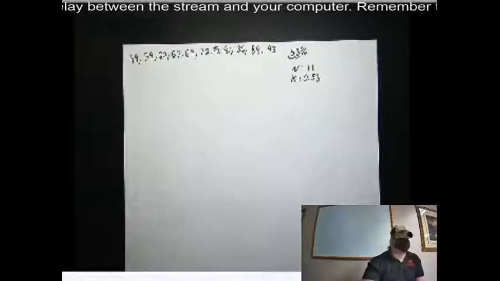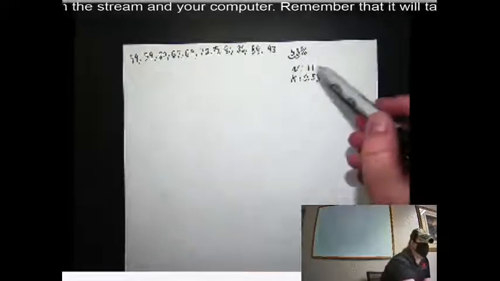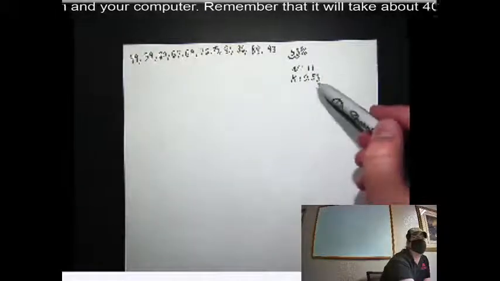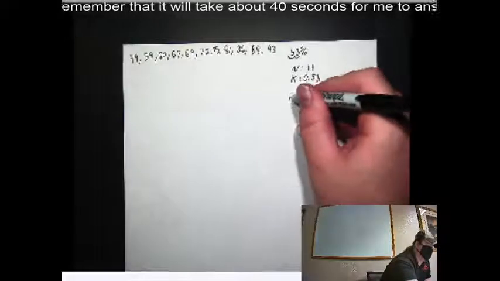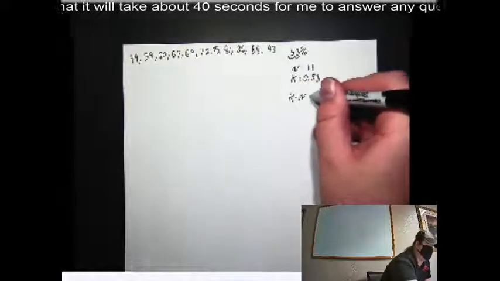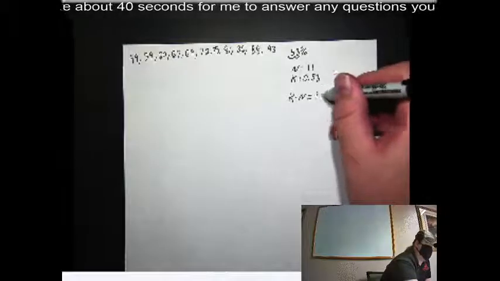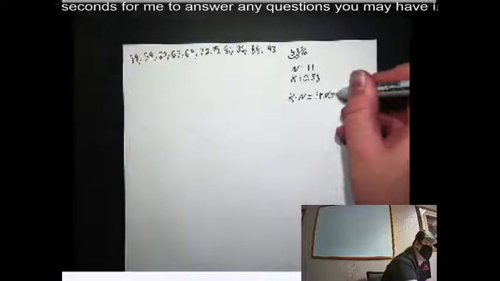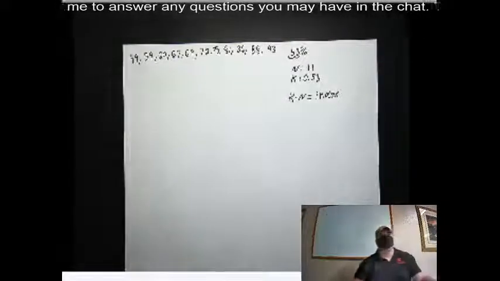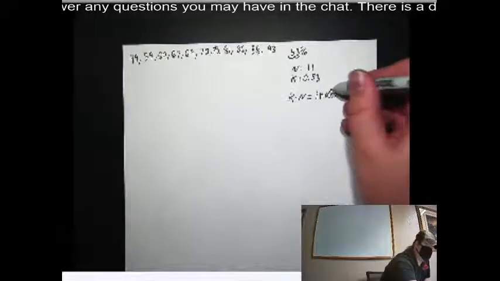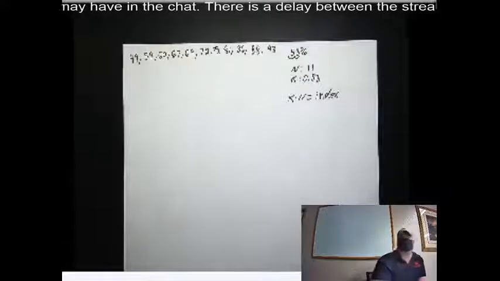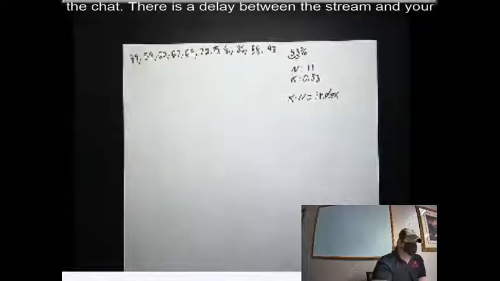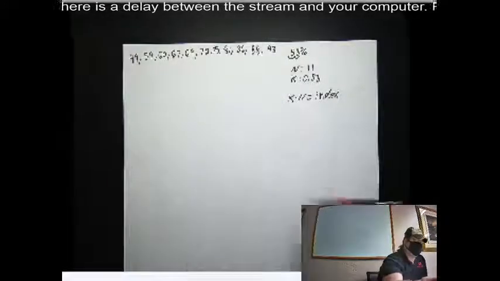Now, to figure out where it happens in our data, we just take our number of data points and multiply it by the percent in the decimal form. So k times n will give us what's called an index. The index is the distance you have to go to get to this percent. So we just need to multiply.